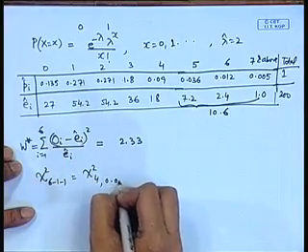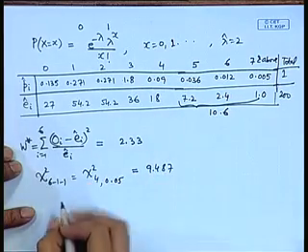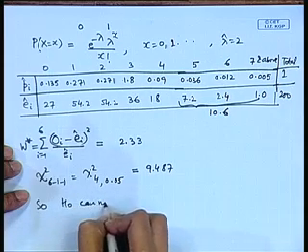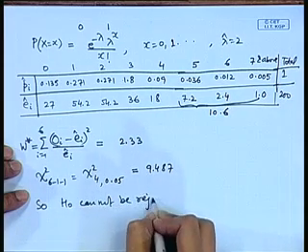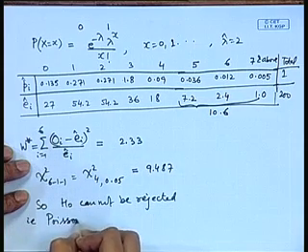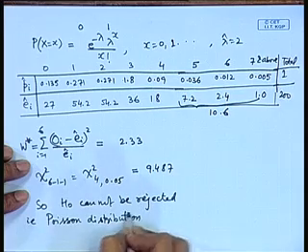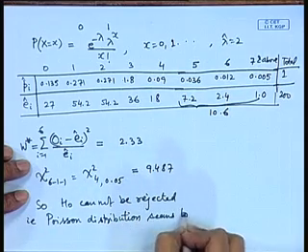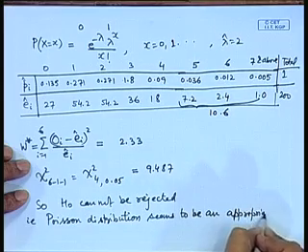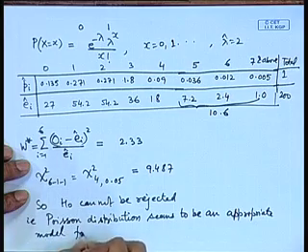Now, if we see the value at say 0.05, that is 9.48 etc. So, H naught cannot be rejected, that is Poisson distribution seems to be an appropriate fit or appropriate model for the data.